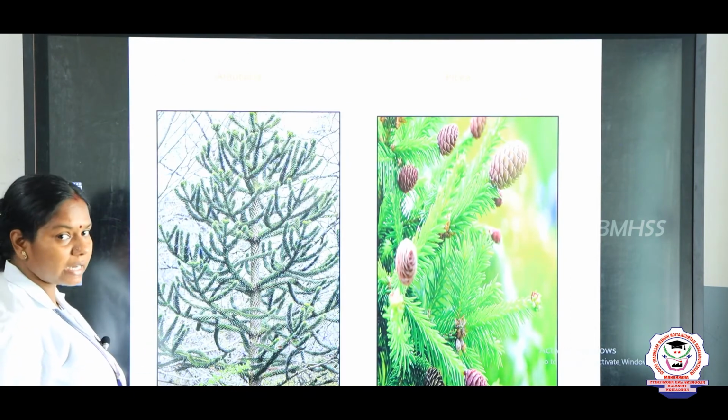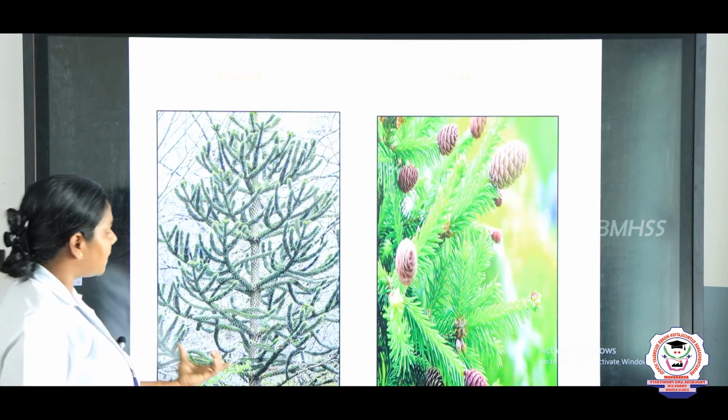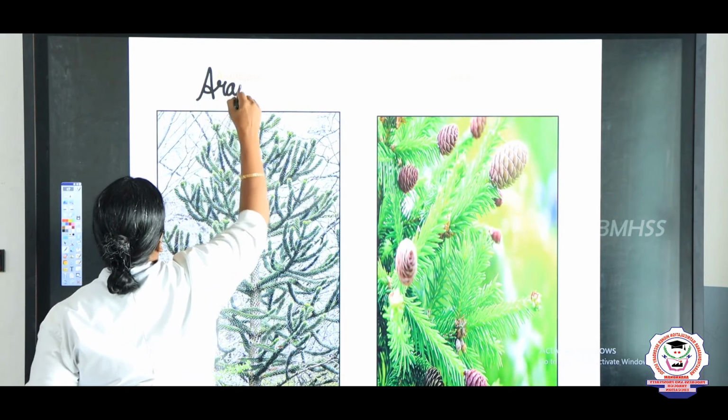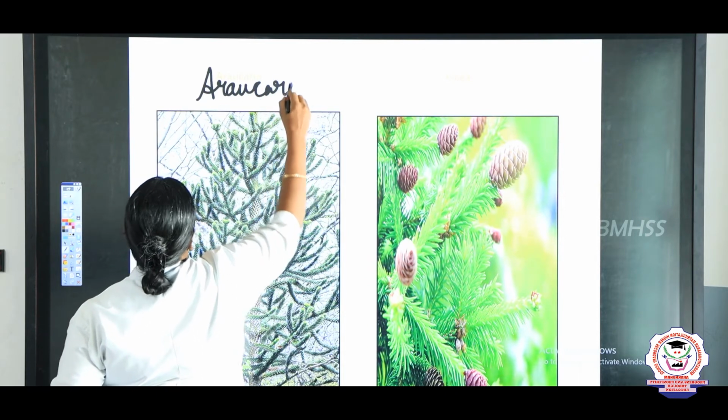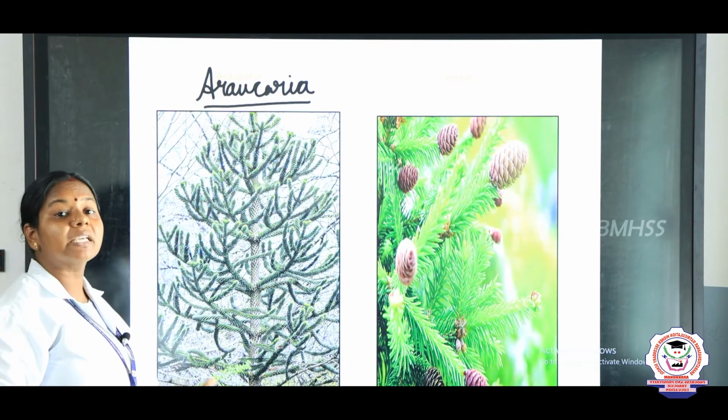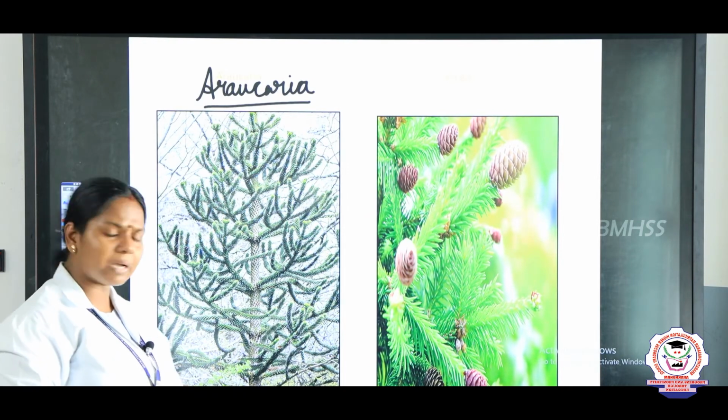Next, another economic importance: the plant name is Araucaria. In the bracket in your book they have given monkey's puzzle. Why is it called monkey's puzzle?